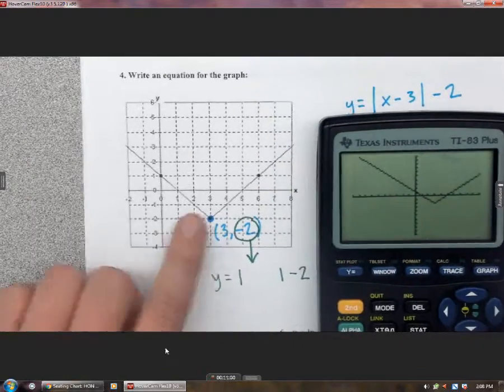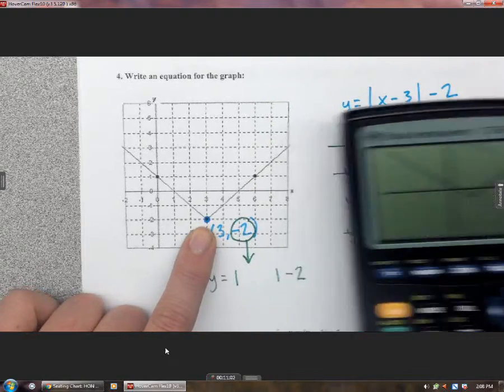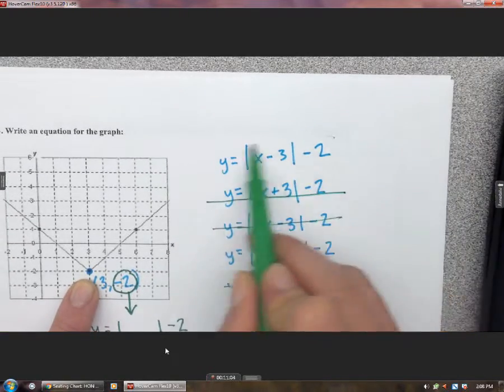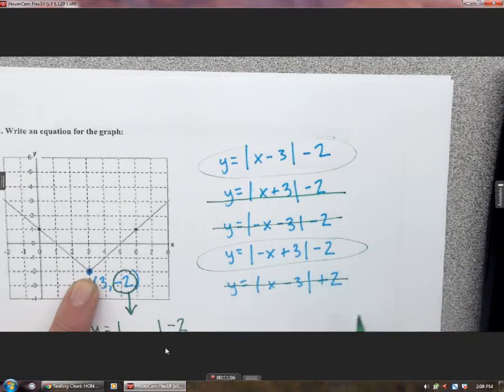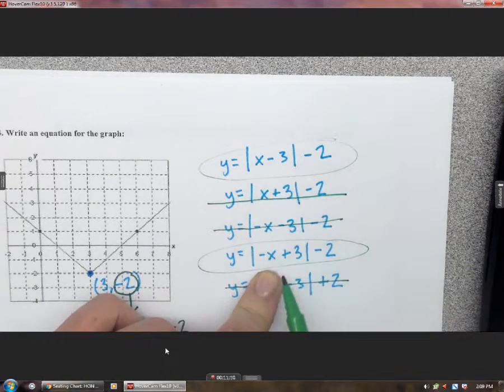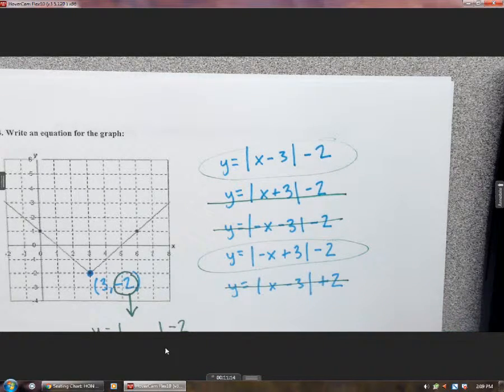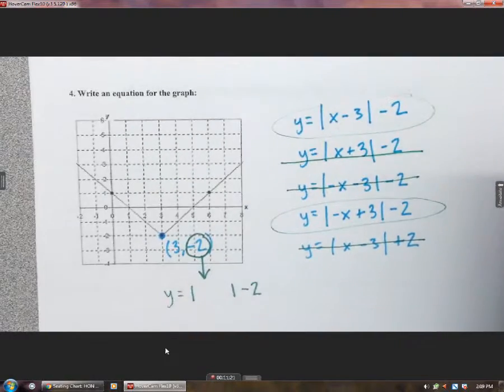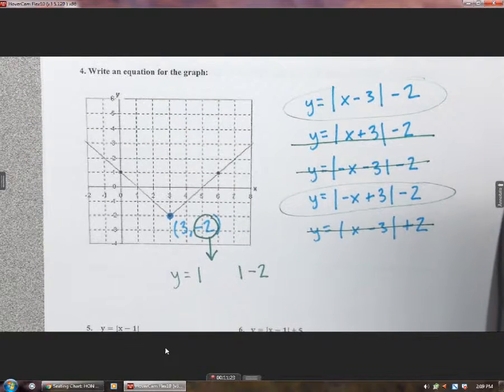And this one actually is also a possibility. I'm obviously not going to show you both of those possibilities on your test, but I want you to realize that here the negative is with the 3, here the negative is with the x. They end up being the same thing because the absolute value is what makes the positives all work out. But you can graph them to see which one ends up being the right answer.